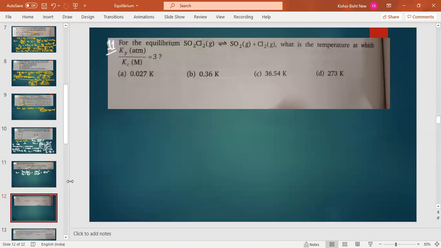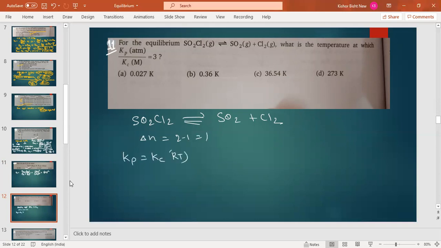Come to the next. SO2Cl2 gives SO2 plus Cl2. What is the temperature at which Kp upon Kc is equal to 3? In this one, delta N is equal to how much? 2 minus 1 is equal to 1. So Kp is equal to Kc into RT to the power delta N, and delta N is equal to 1.